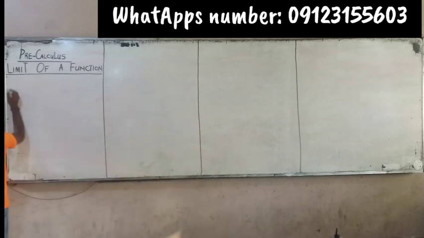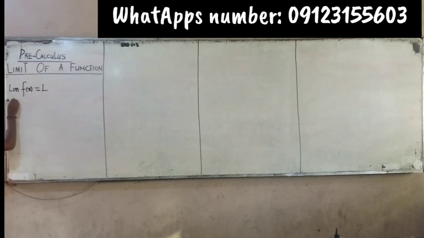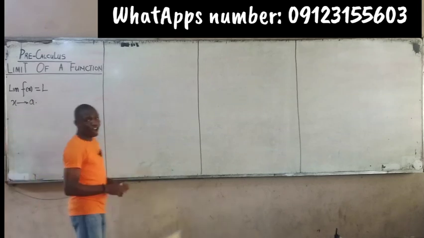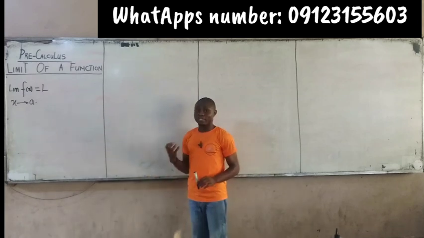It's written as the limit of f of x equal to L as x tends to, or approaches, A. This is how to represent a limit of a function mathematically.